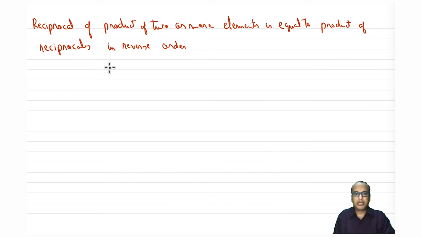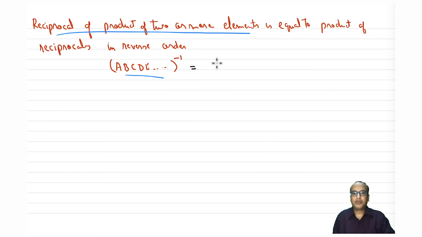So what do I mean by that? Mathematically you can write it as A, B, C, D, E, and so on, reciprocal of a product of two or more elements, which is written over here, is equal to the product of reciprocals in reverse order.